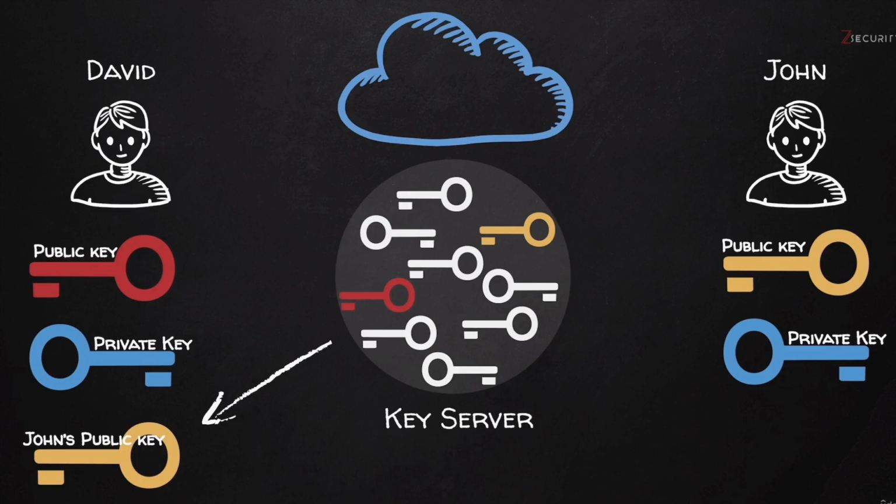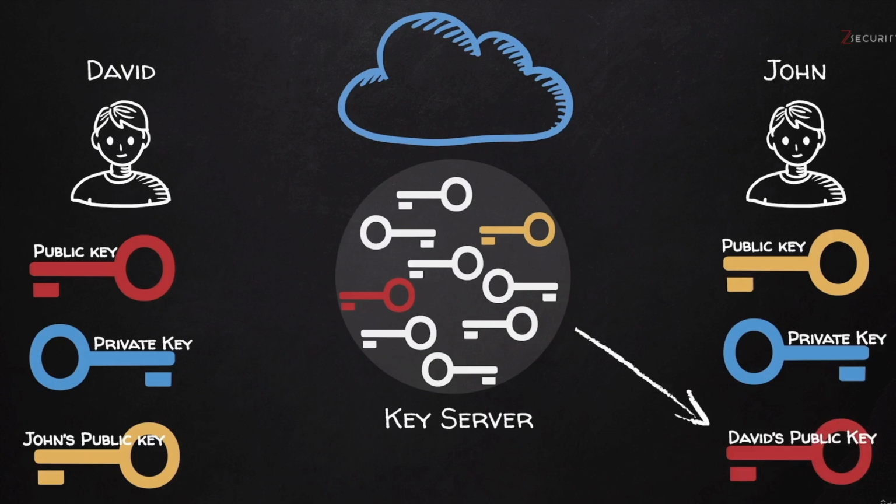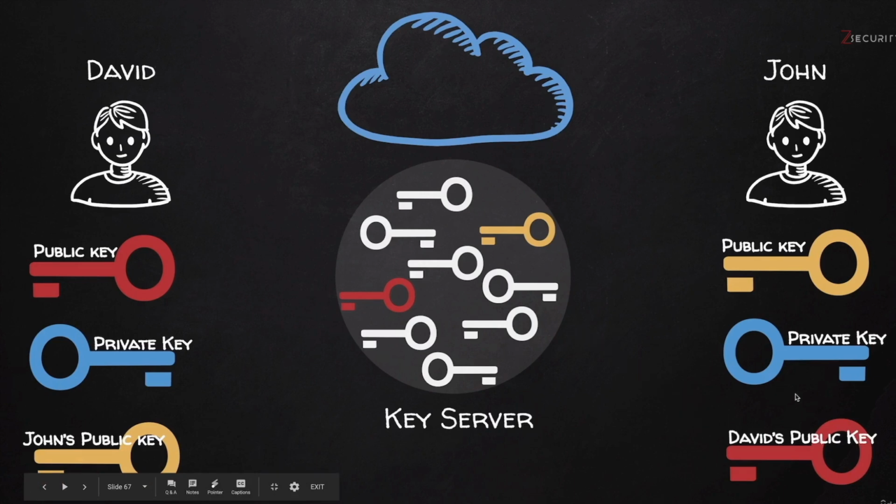Same goes for John. If he wanted to get David's public key, he can query the server and download David's key. That way both David and John have each other's public keys, and therefore they can start communicating and encrypting messages to each other using each other's public keys.